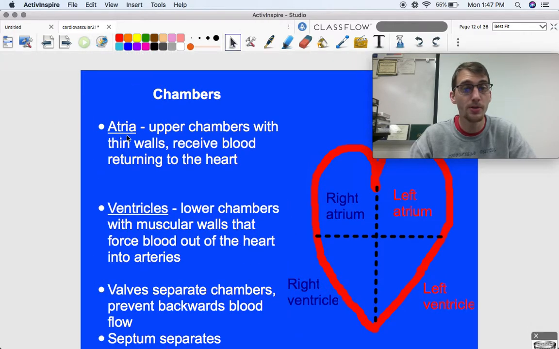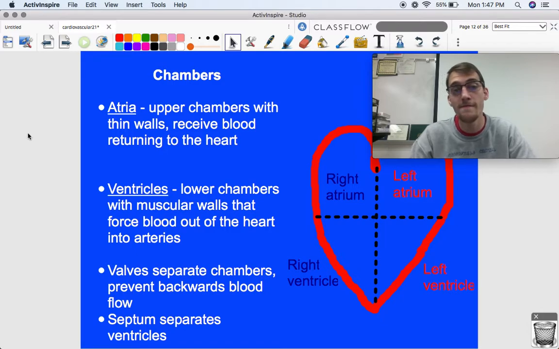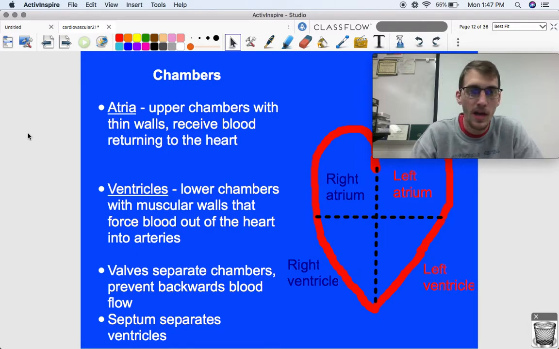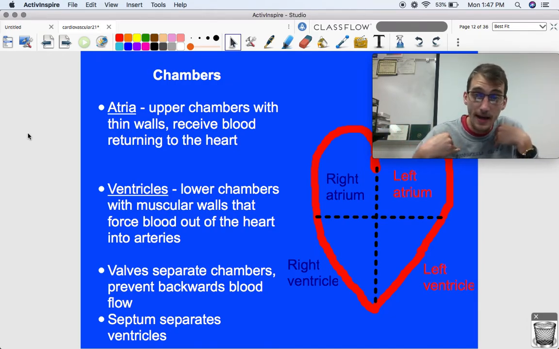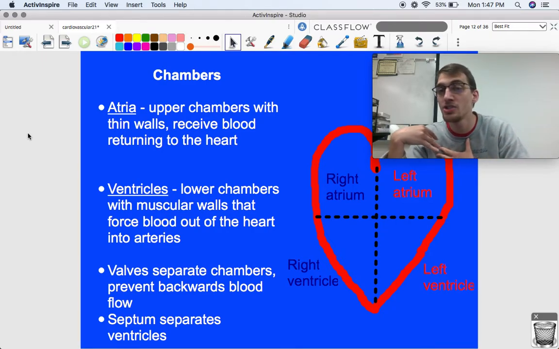You have 4 chambers in your heart. You have 2 atria and 2 ventricles. The right and left atrium, atria is plural, are the upper chambers with thin walls, and their job is to receive blood returning to the heart. So the atria receive either the deoxygenated blood from the body, or the oxygenated blood from the lungs.